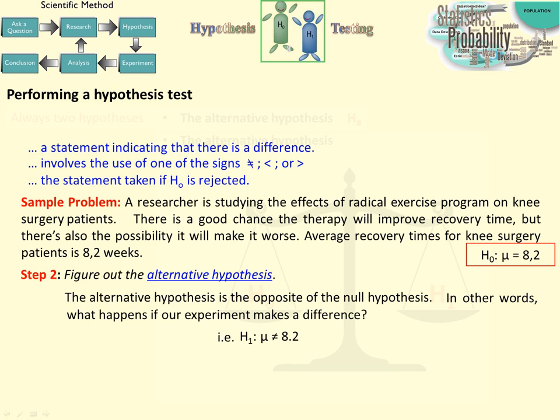Now, usually the experimenters would want it to improve, so they would say mu less than 8.2, a lower recovery time, but this one is not equal to. There is a difference, and it uses one of those signs, not equal to.